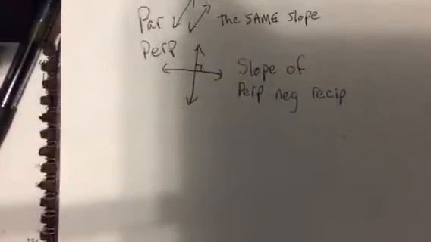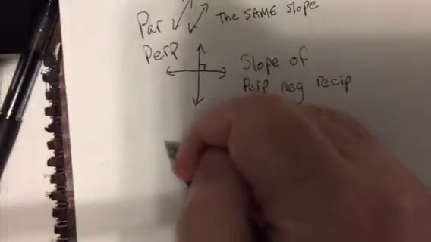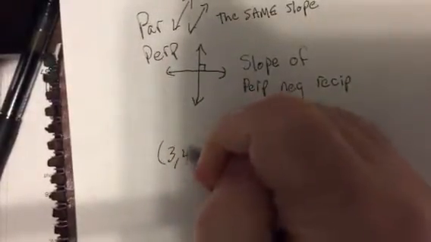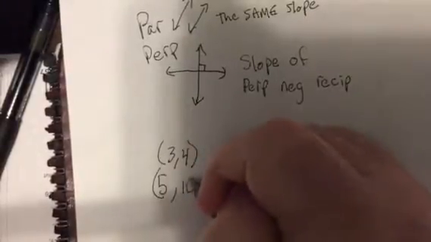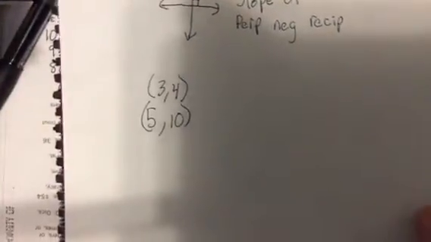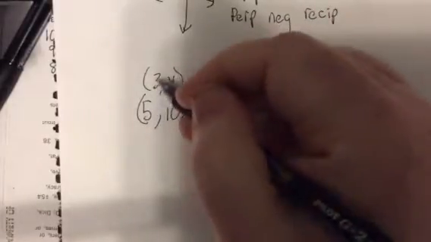So, if I had two ordered pairs, let's say (3, 4) and (5, 10), and I said I want the slope of the lines that would be parallel and perpendicular to that. Well, you would say, I've got to find the slope of this line.